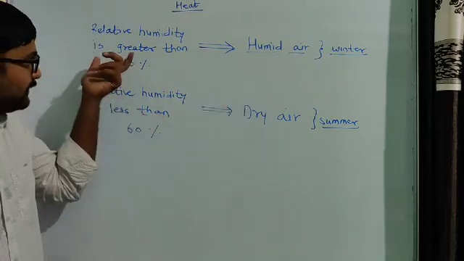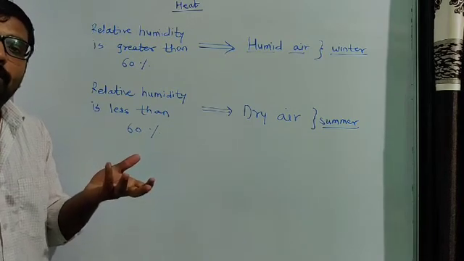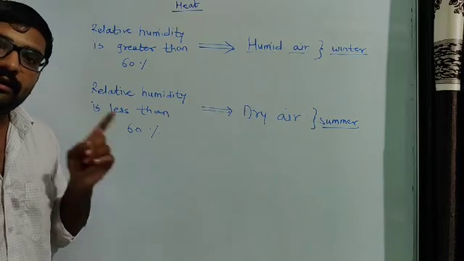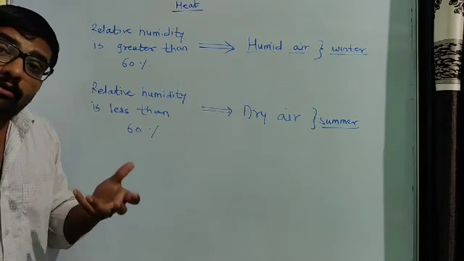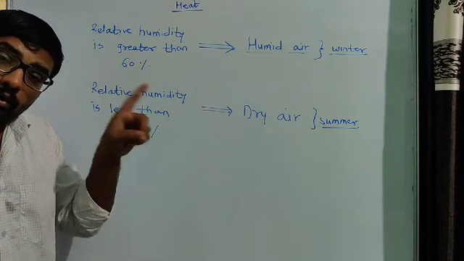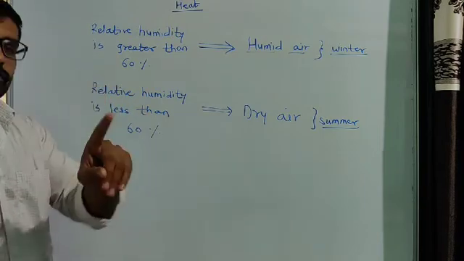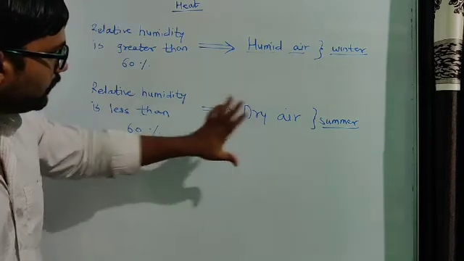Relative humidity is the ratio of the mass of water vapor present in a given volume of air divided by the amount of water vapor needed to saturate that given volume of air, into 100. That formula is also given in our book, so this topic you have to remember.